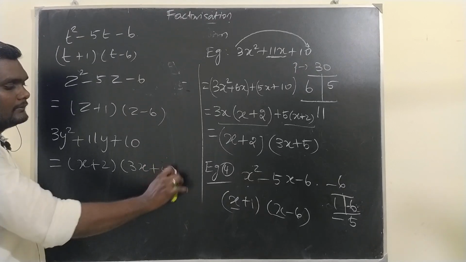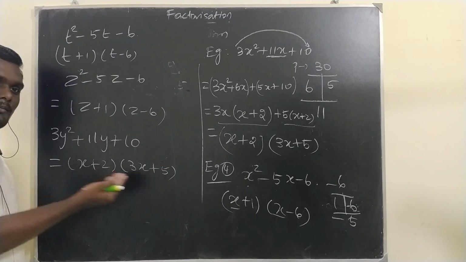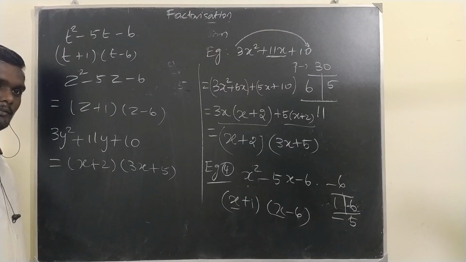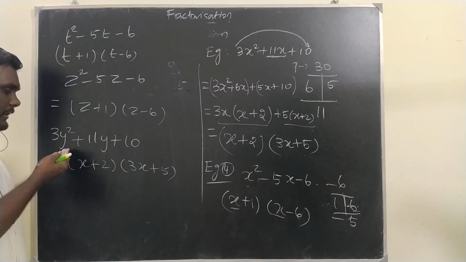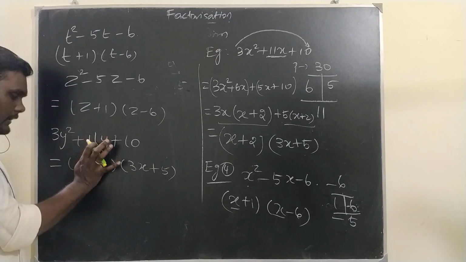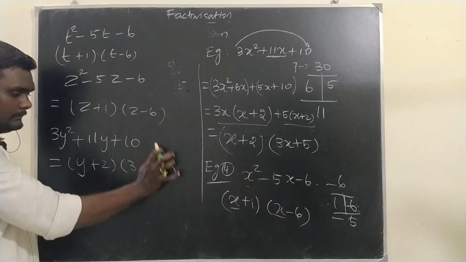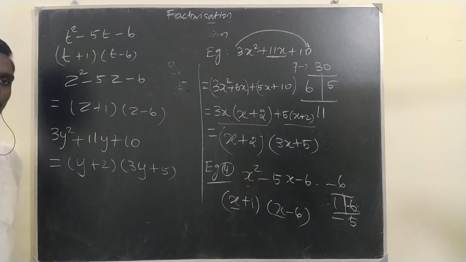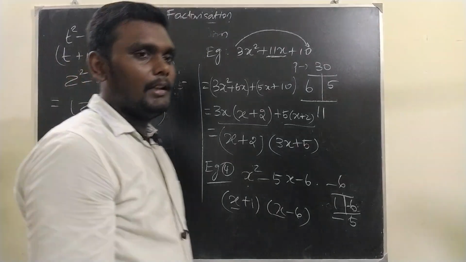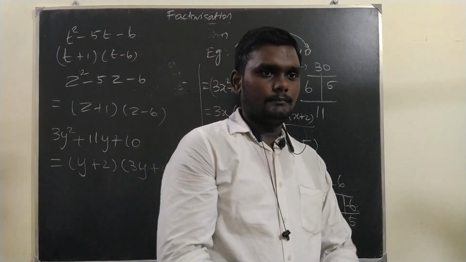Sorry, 3x plus 5? Look at this equation, man. What is the variable in this equation? Yeah, good. That is it. Okay. So that is how we should factorize a trinomial.